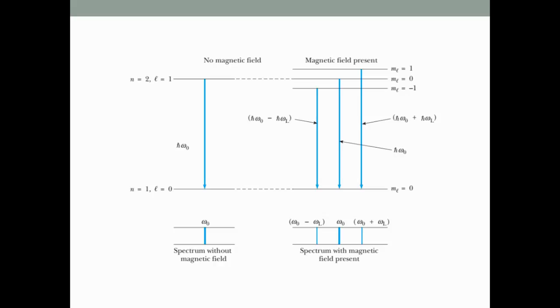The magnetic field has no effect on the states for L equal to 0, since here ml equal to 0. But in the case L equal to 1, it splits into 3. That is ml equal to 1, 0 and minus 1. That is for L equal to 1, ml can have 3 values. In other words, we can say our excited level is split into 3 in the presence of the magnetic field.